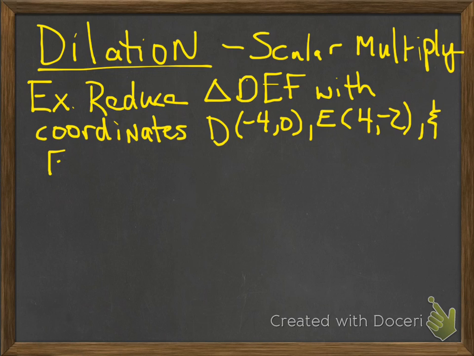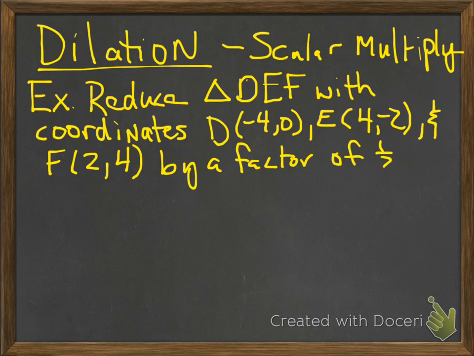Point F, 2, 4. And I want to reduce it by a factor of 1/2. Now remember, what are we doing? Multiplication. We're doing scalar multiplication. So you would take DEF, make it into a matrix, and multiply that matrix by 1/2. Okay, that's all you got to do.